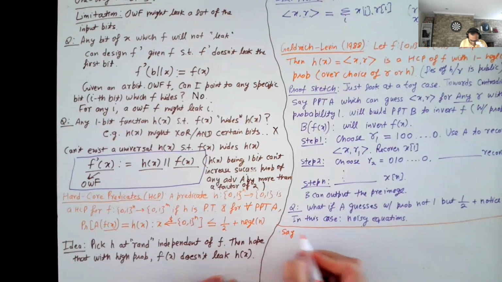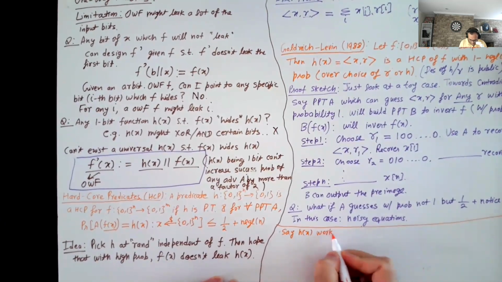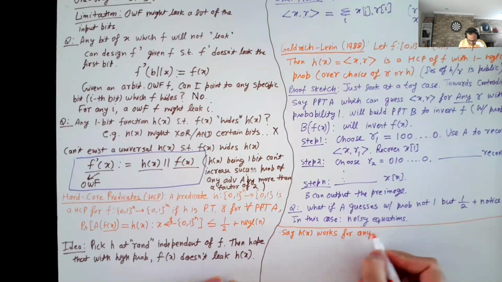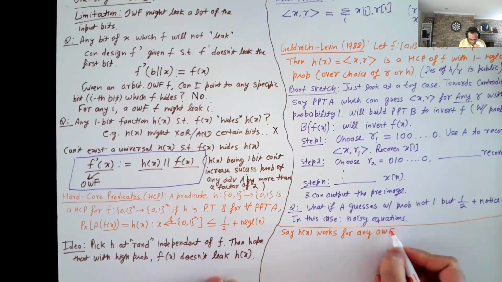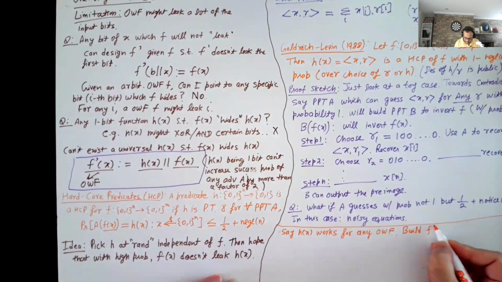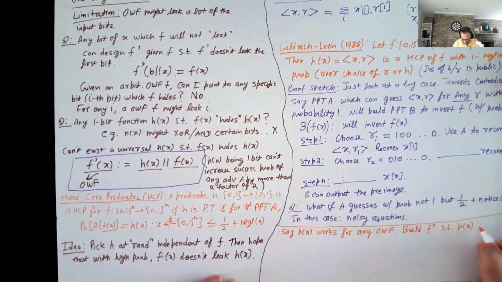So say h of x works for any one-way function. Now we will build a one-way function f prime such that h of x fails for f prime.